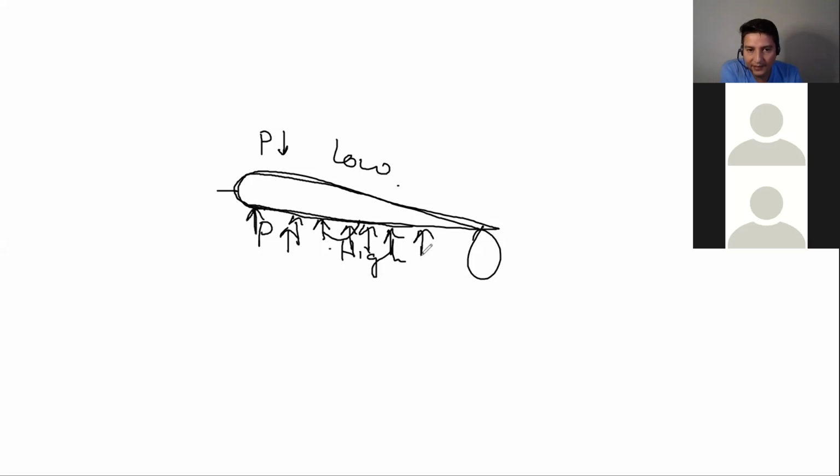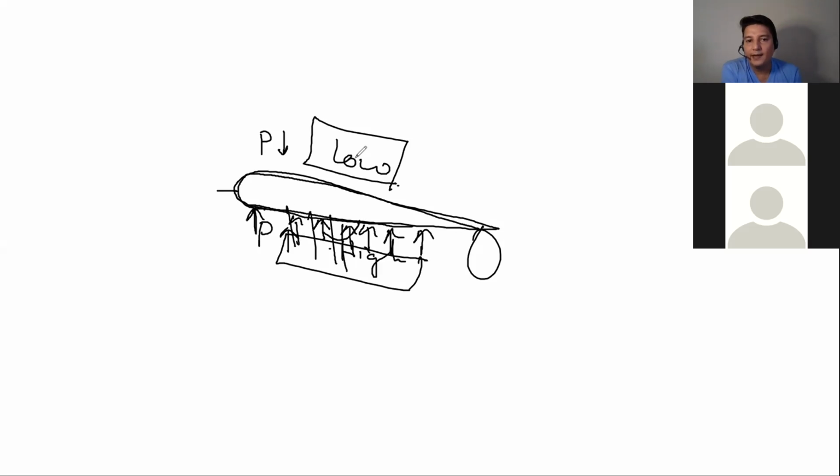When there is high pressure under the wing and low pressure above the wing, the high pressure tends to go up and balance the low pressure above the wing. So the higher pressure at the bottom will try to go to the lower pressure at the upper edge of the wing, and it will push the wing up. That's how the lift is generated.